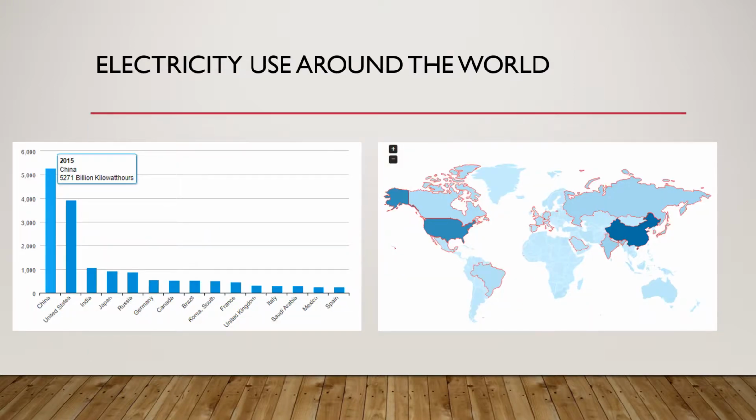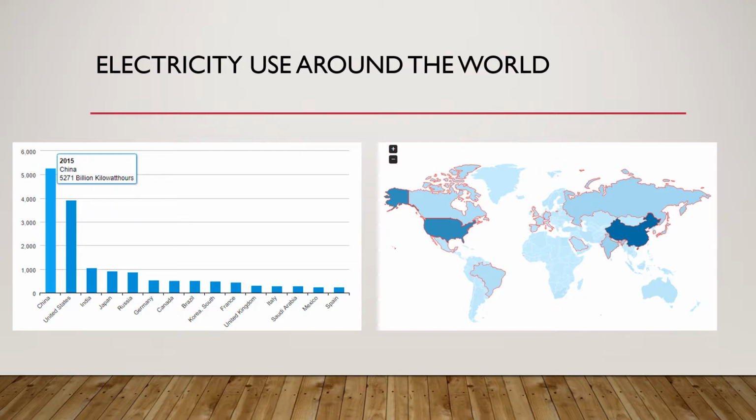In this slide, we're going to be talking about electricity use around the world. On the right here, we can see a map of the world, and in the dark areas, you can see there's a high usage of electricity.